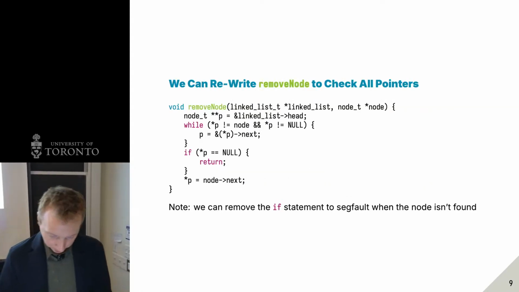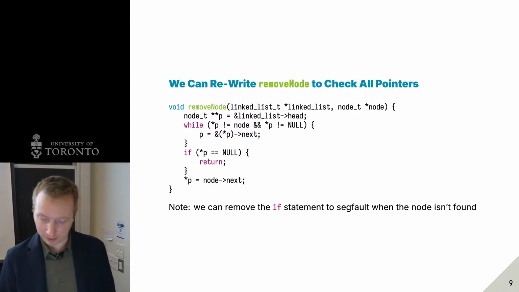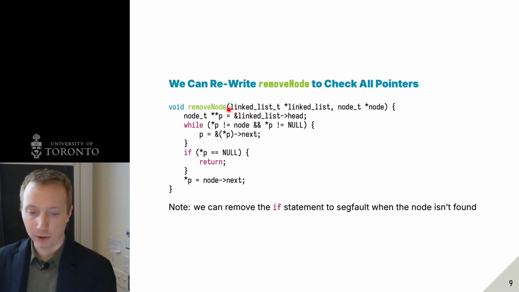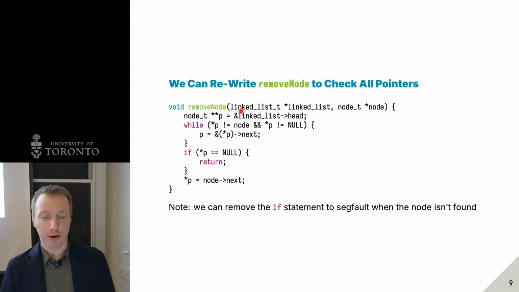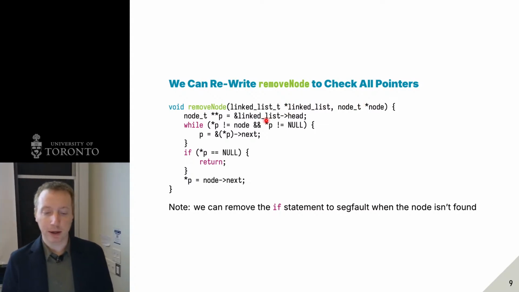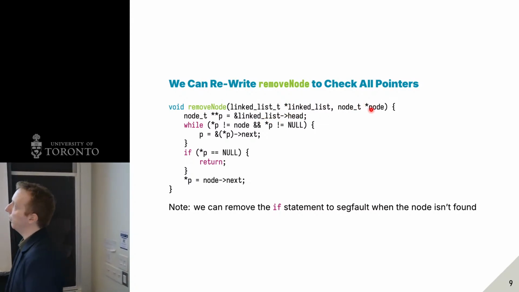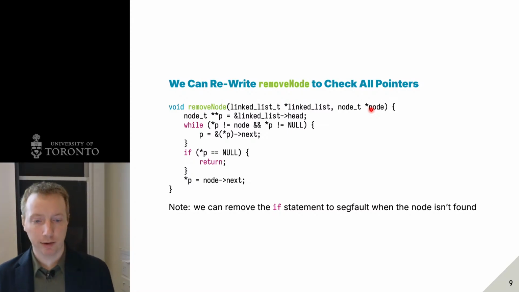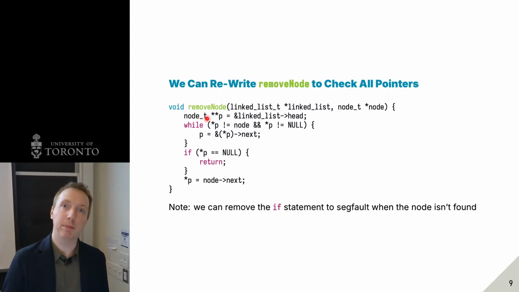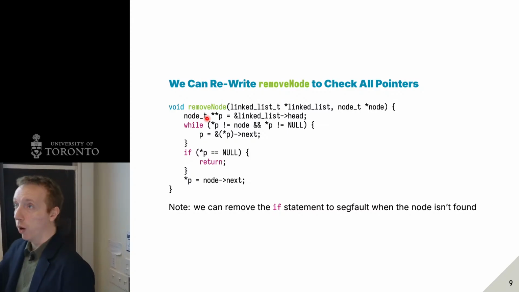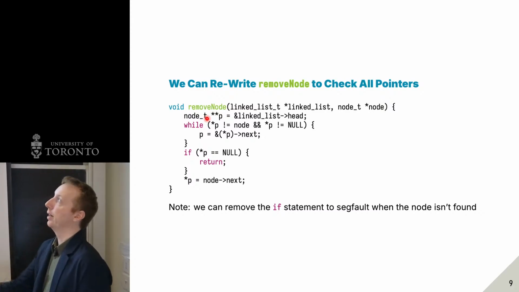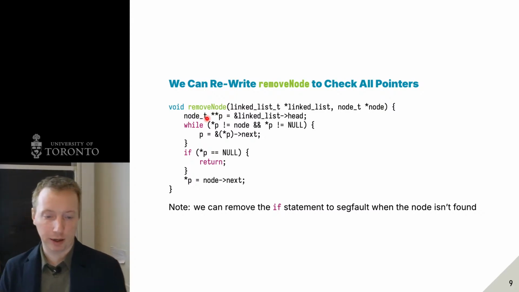So this is the version that we could write to remove all the pointer checks and all the weird edge cases. Same arguments as before, but now instead of maybe modifying the linked list head, we can create a pointer to a node, because we might be modifying what node we are pointing to, and we don't care if we're modifying the linked list head or a next pointer.